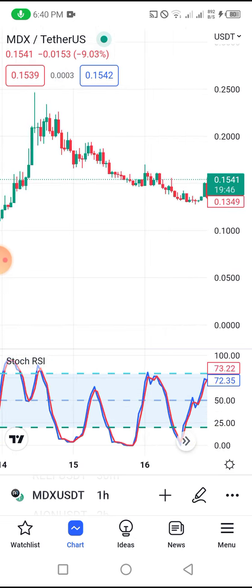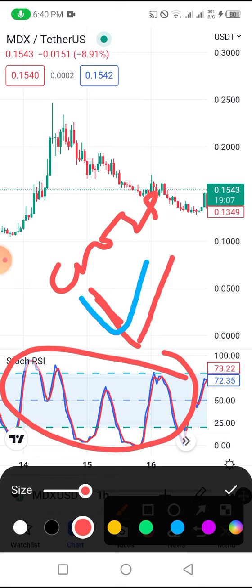More especially a crossover where the blue line, which was initially moving down, crosses over the red line and begins moving up. This is what I'm talking about as a crossover.